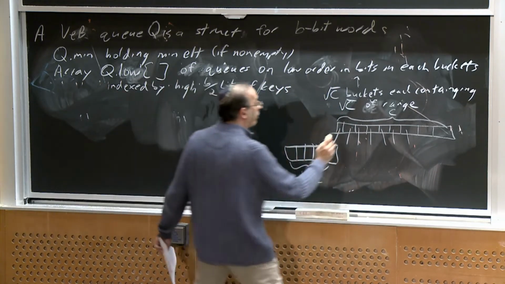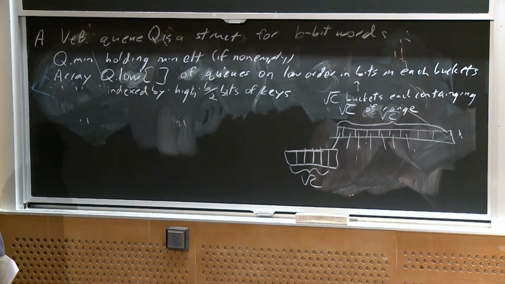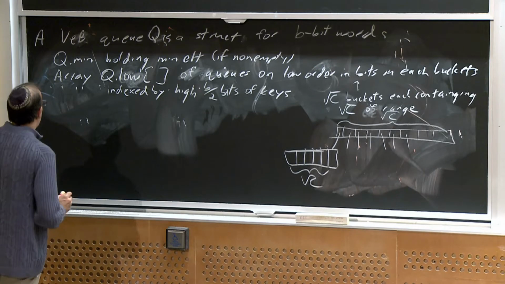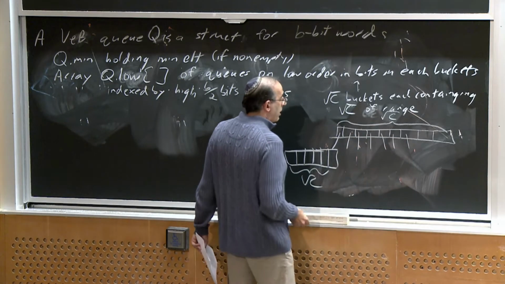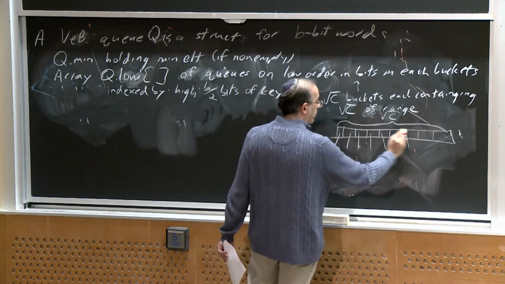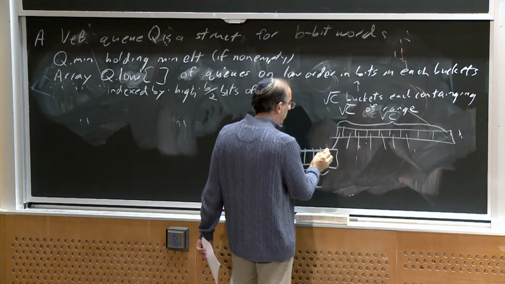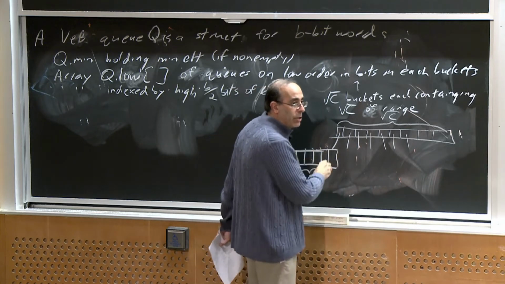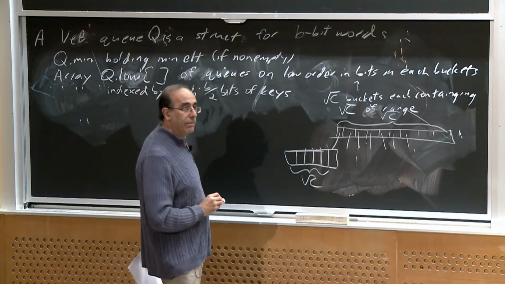So you have root C buckets dividing the range of C items into buckets of size root C. Okay. And just as in our previous data structures, we're going to keep track of which of these is full and which of these is empty. And for every one that has some stuff in it, we will make a substructure for containing the items in that bucket. Okay.